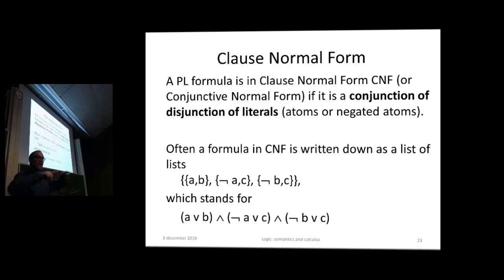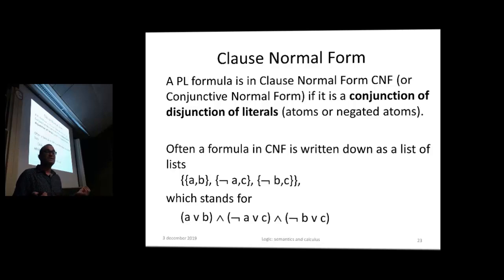And then we have disjunctions of those atoms or negated atoms, and those are then conjuncted together. So you can look at them as constraints where all of those constraints have to hold. So either A or B, and not A or C. You have a list of constraints that must be satisfied, but in all of those constraints you have a choice.